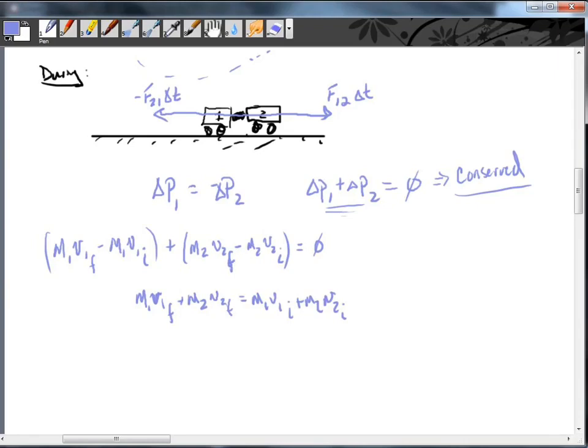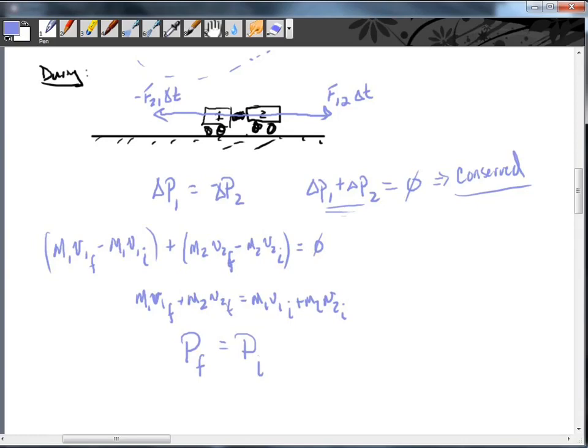Well, what does this wind up being? Okay, this is telling us that the total momentum that we finish with is equal to the total momentum that we start with. PF equals PI.